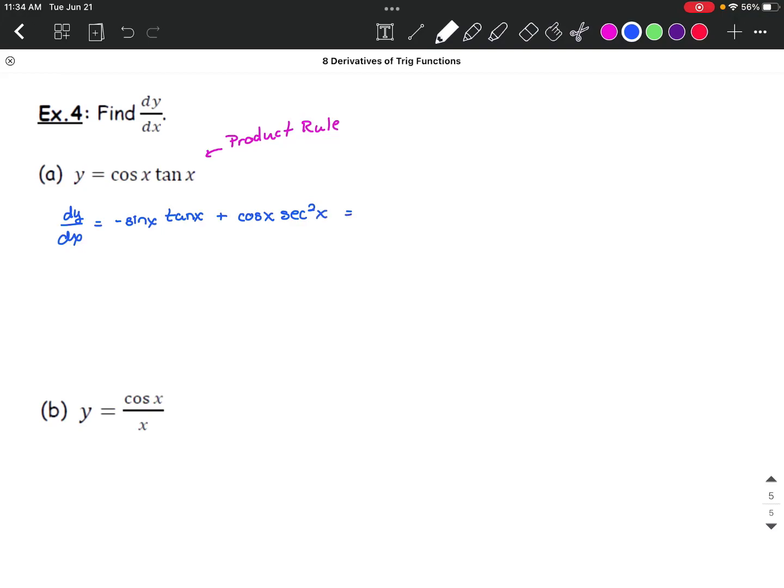So this looks like you can't simplify it, doesn't it? This is negative sine x tan x, but what's cosine times secant? They're reciprocals, right? That's 1.